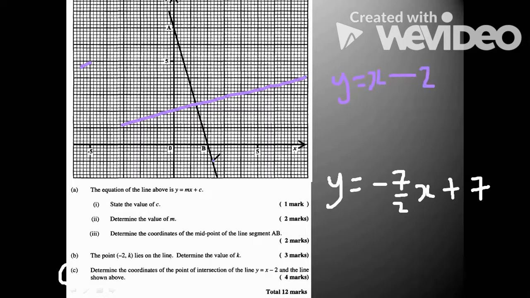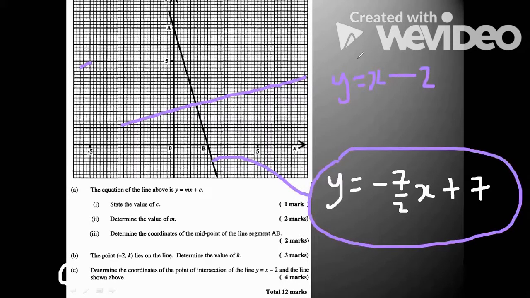And then you have another line, or the original line, which is this line here. And guess what now? These two lines collide, they clash. And they want us to work out the point of intersection. The point of intersection would have been right here.